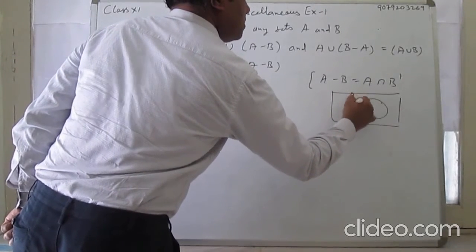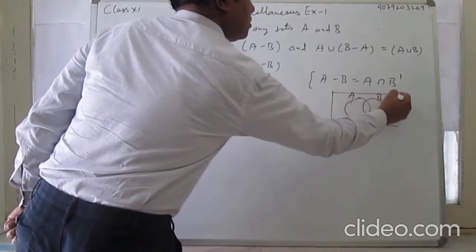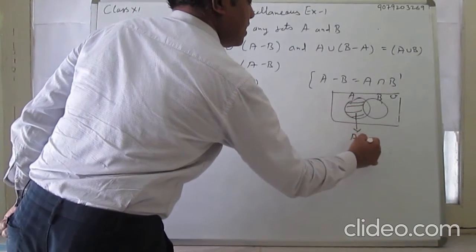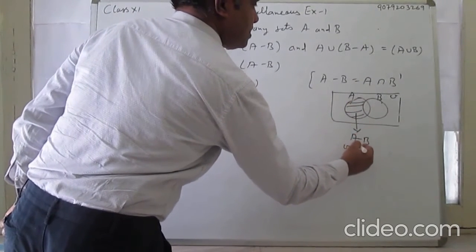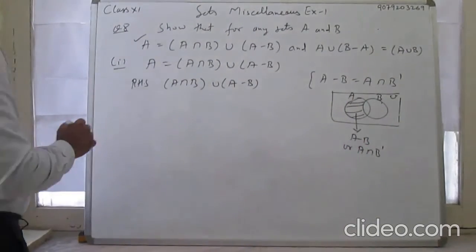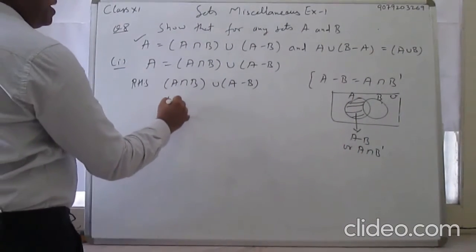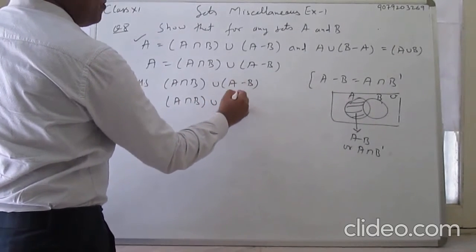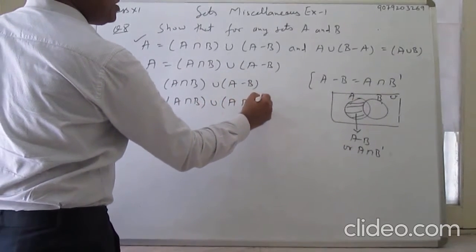This is A. This is B. This is universal. This is A minus B. Or you can say that it is A intersection B complement. Both are equal. So instead of A minus B I can write A intersection B complement.